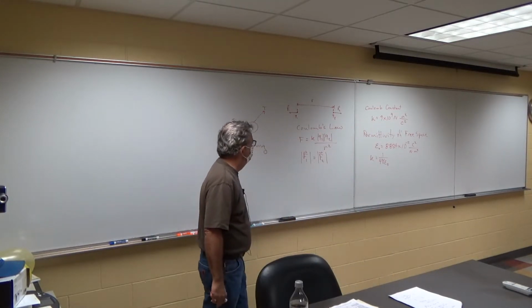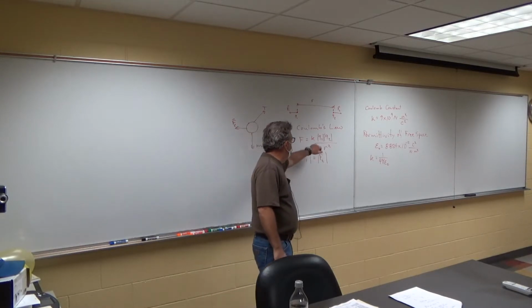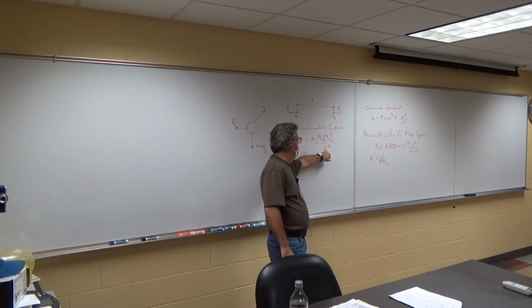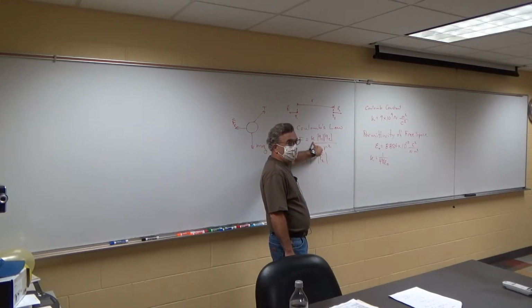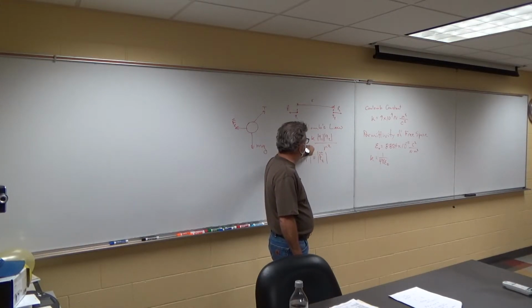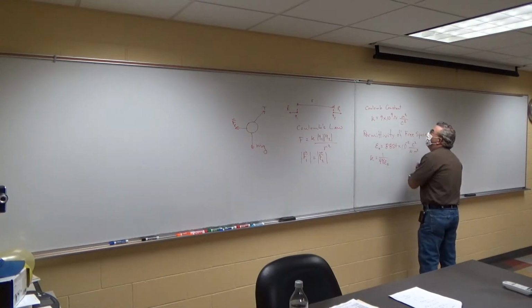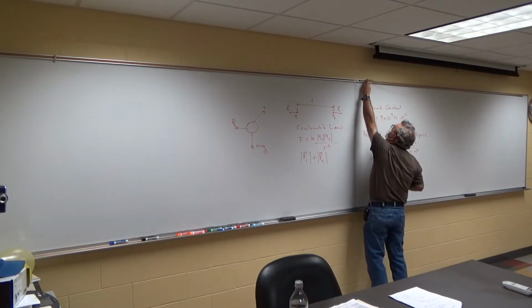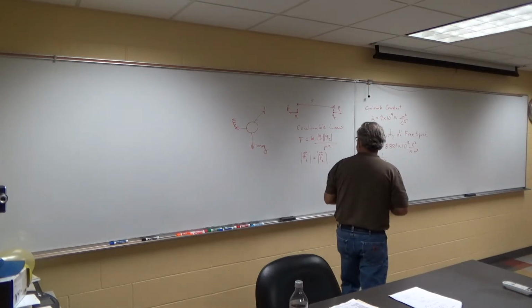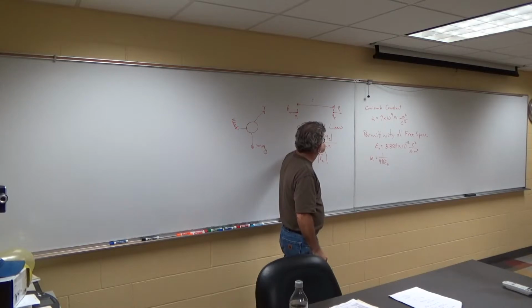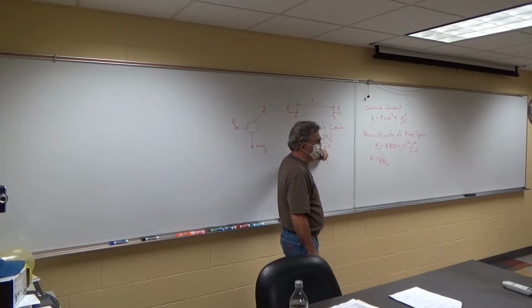All right. So you take the product of the charges over the square of the distance between them and multiply by K. That gives you the force in newtons. Let's see how this works. A couple of warnings about Coulomb's law. These have to be in coulombs, and this has to be in meters.